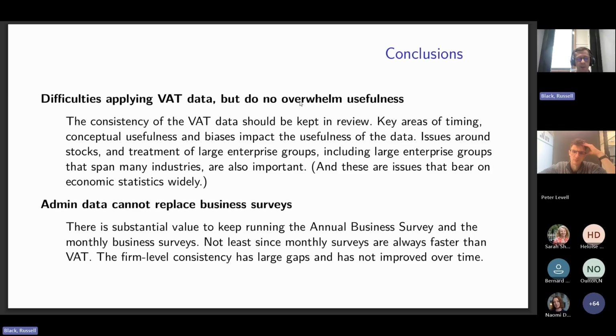If the VAT data was a lot more consistent with the business surveys, then maybe I'd say something different, and that actually the information on VAT forms can be used to replace some of the information getting from the surveys, and there could be an efficiency saving, but the efficiency saving is so tiny in staff time versus the benefits to having the data. Also, the monthly business survey runs faster than VAT, and that's what feeds in the fastest GDP numbers.